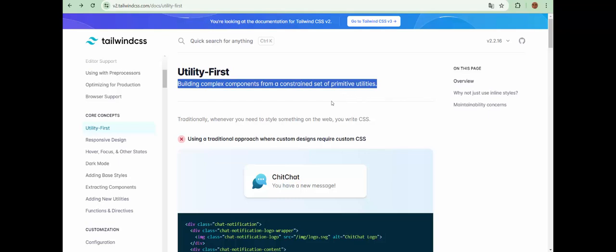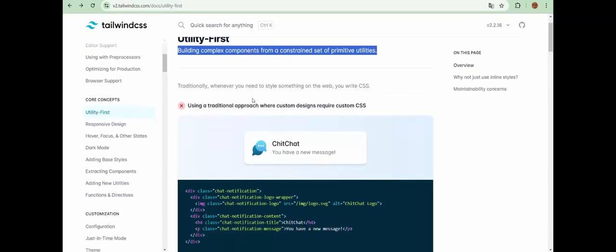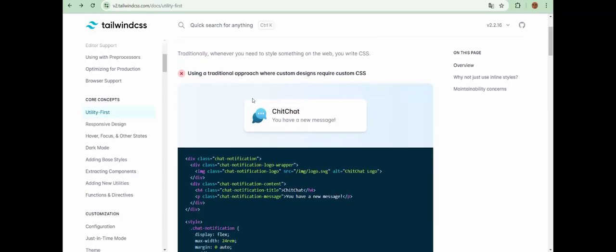Now we don't know anything, but here: traditionally, whenever you need to style something on the web, you write CSS. It is important. CSS is knowledge, and we use CSS. And why now? What is the reason that I now use Tailwind instead of CSS?